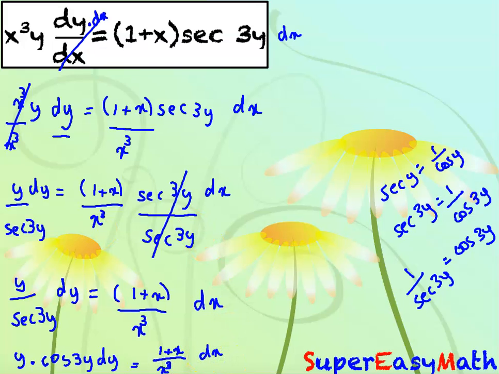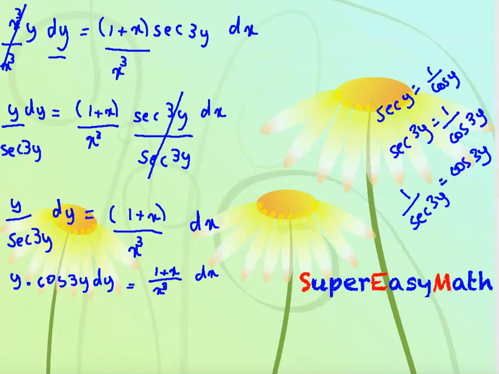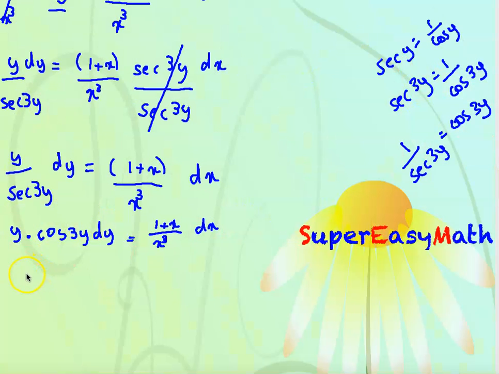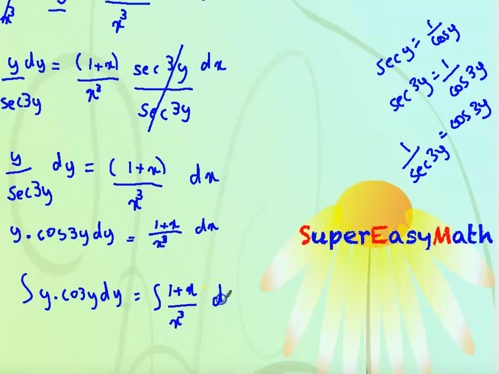And the final step is to integrate both sides. So integral for y cosine 3y dy equal integral for 1 plus x over x cubed dx.